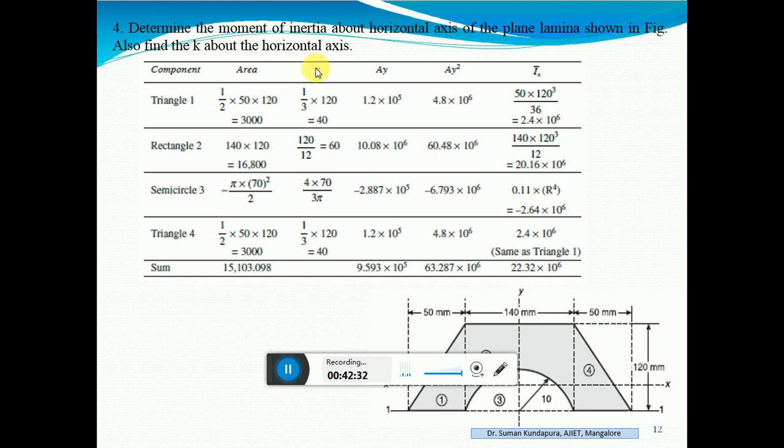When I go directly to y, you might ask me why not the x distances. First thing is, they have not asked you about the vertical axis of the plane lamina. They have asked you only the moment of inertia about the horizontal axis of the plane, that is Ix bar is asked, correct? So we don't need to venture into Iy bar.